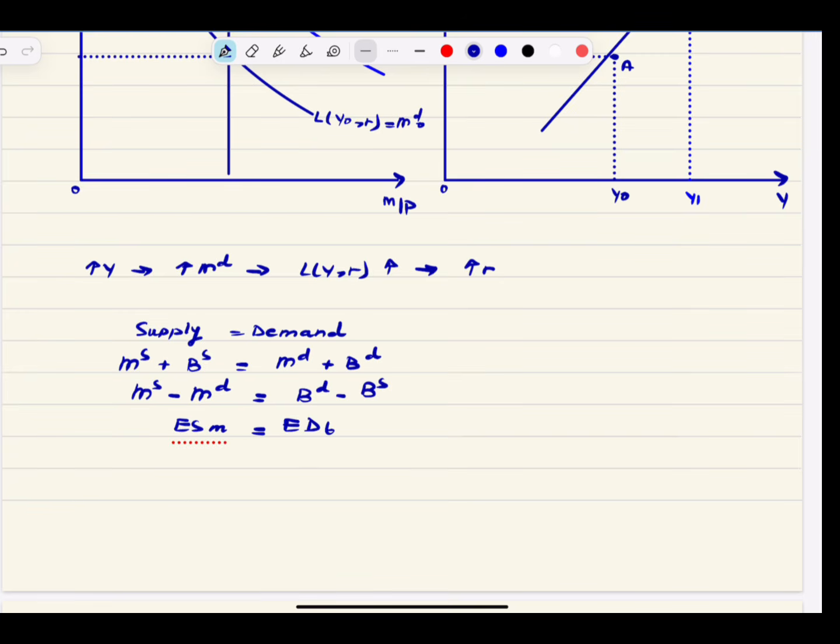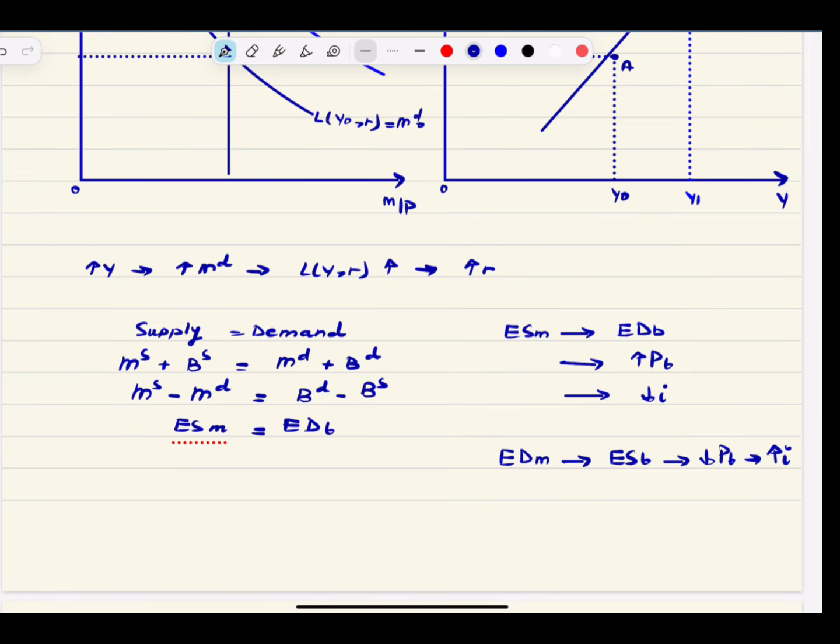What this means for us is that if there is any excess supply of money, there must be an excess demand for bonds, and therefore the price of the bond must rise, which will lead to a fall in the interest rate. Similarly, if there is an excess demand for money, it will create an excess supply of bonds, and therefore the price of the bond will fall, and through that a rise in the interest rate.